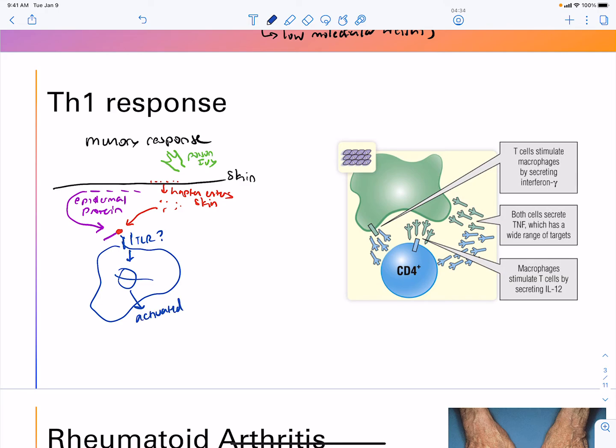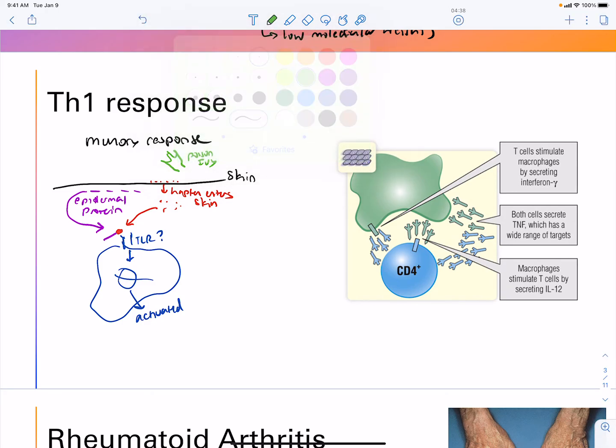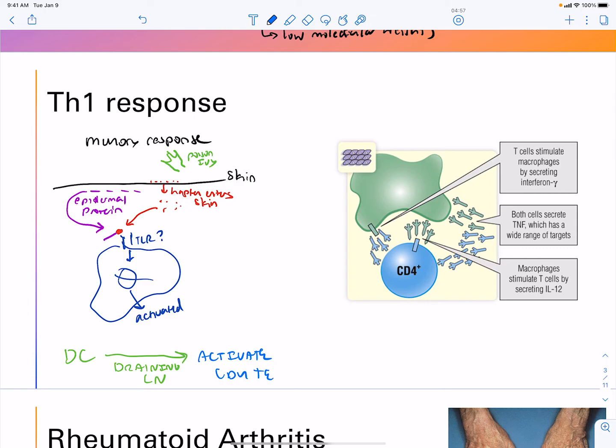And then, of course, you have your resident dendritic cell. Make them green. And this will go to the draining lymph node. And this will activate your CD4 T cells.